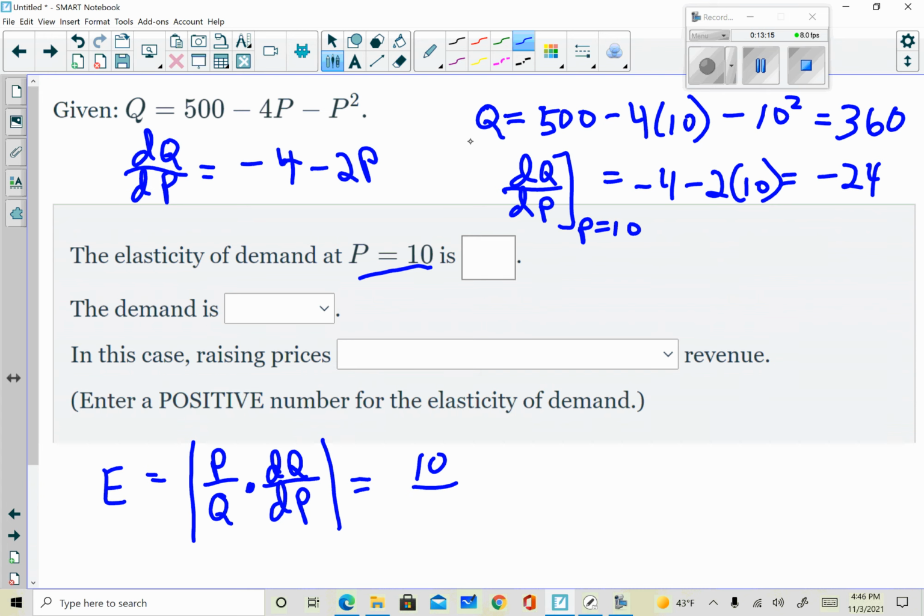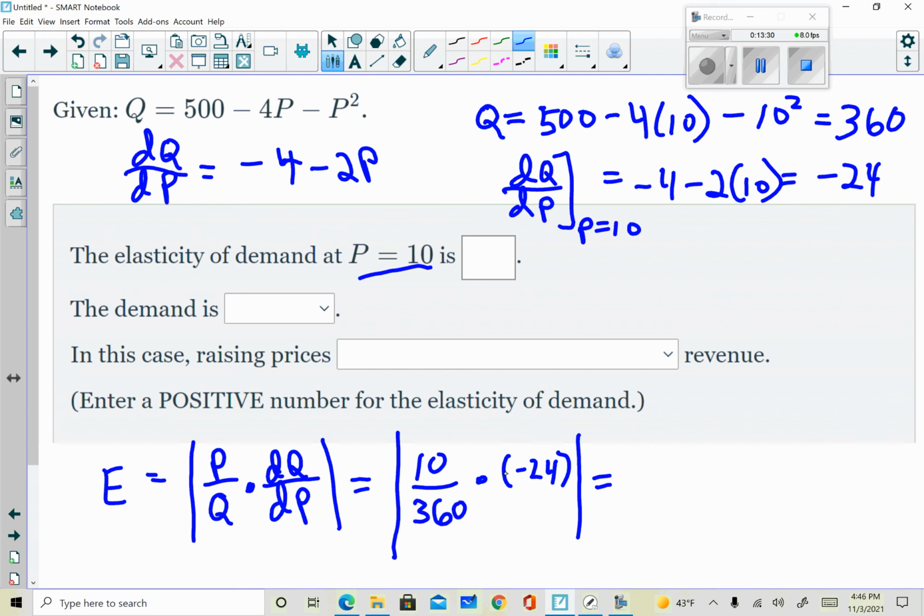Q is what we found: when P is 10, Q is 360. And the derivative of Q with respect to P when P is 10 is negative 24. All of this is inside absolute value.